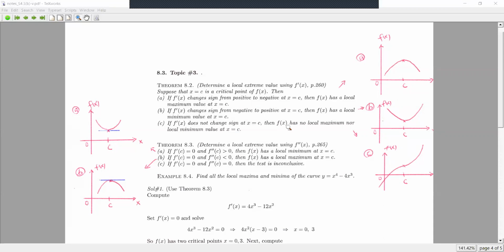Again, in this case, the function has no local maximum and no local minimum at the point C. So this theorem says that you can use the derivative to determine whether or not the function has an extreme value at a critical point C.